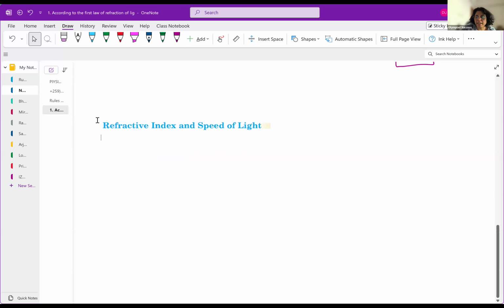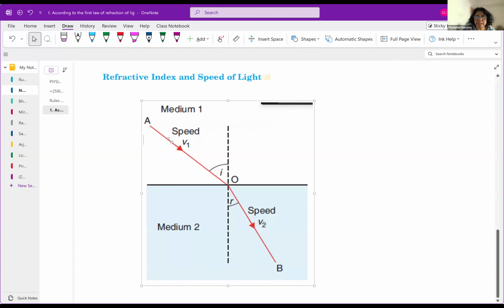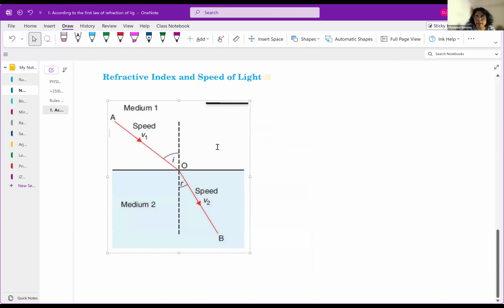So refractive index gives an indication of how the light bends, right? Suppose I have, first draw this diagram. Suppose light is entering from, say, air to water. So light is entering from medium 1 to medium 2. Draw this diagram first.